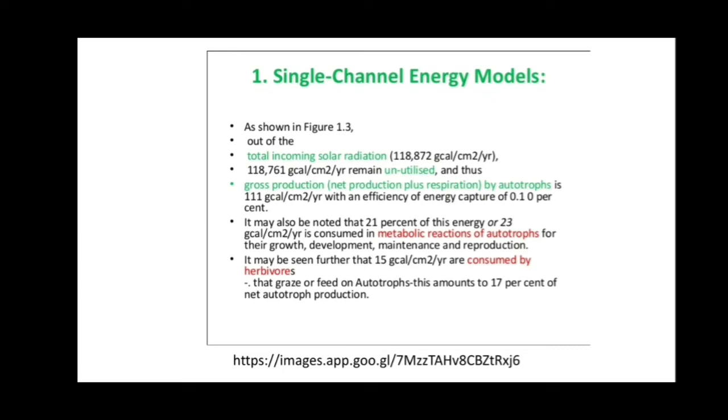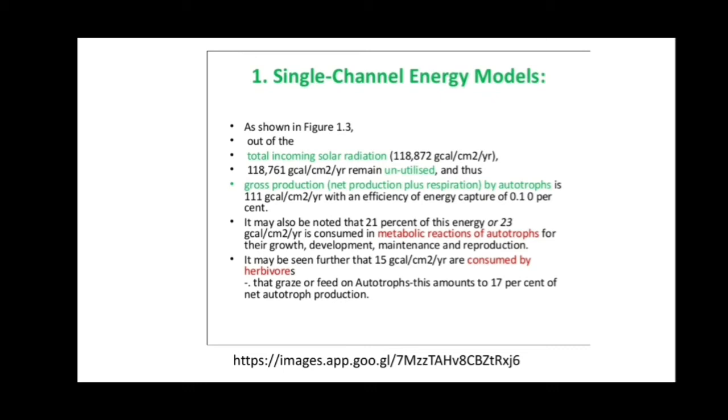Here you can see the total incoming solar radiation, 118,872 gram calories per centimeter square per year. This much solar radiation comes to the earth, and from this 118,761 gram calories per centimeter square per year remains unutilized, and thus the gross production, net production plus respiration by autotrophs, is only 111 gram calories per centimeter square per year, with an energy capture efficiency of only 0.10%.